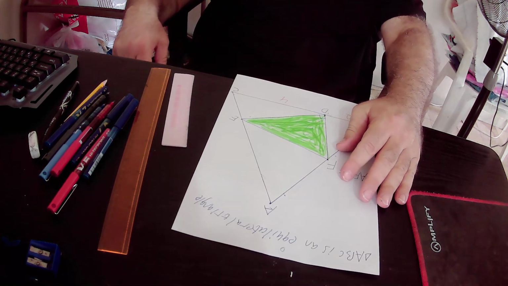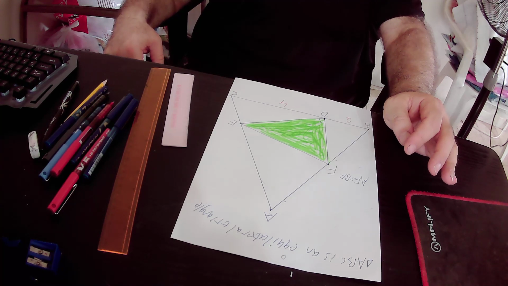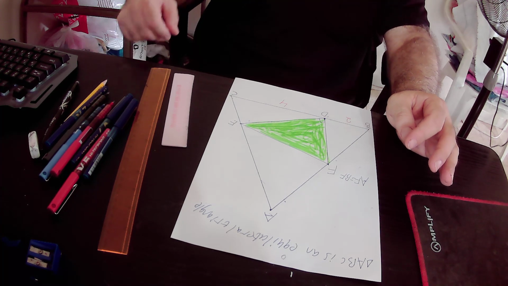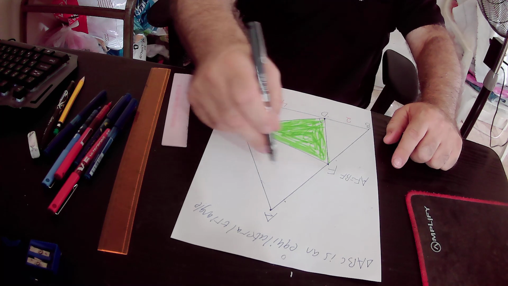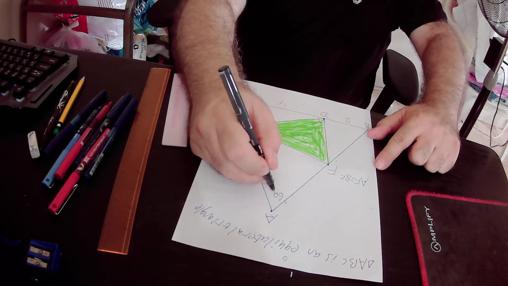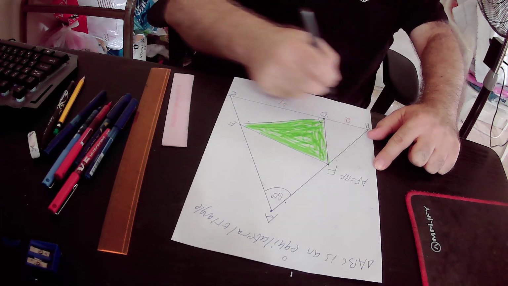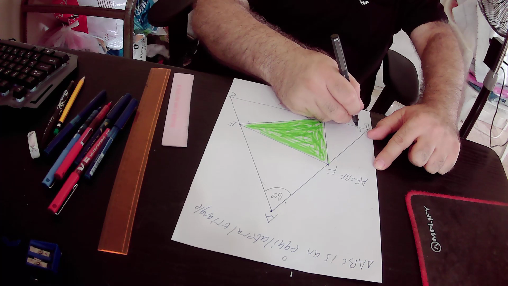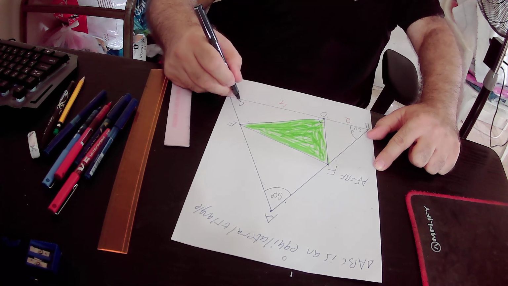the angles of any equilateral triangle equal 60 degrees. So angle BAC equals 60 degrees, angle ABC equals 60 degrees, and angle BCA equals 60 degrees.